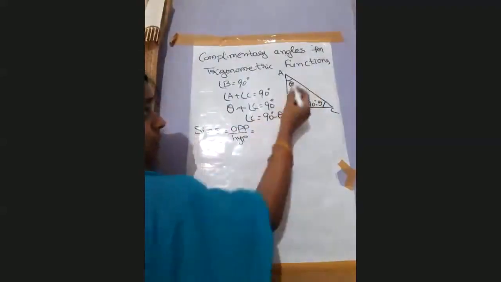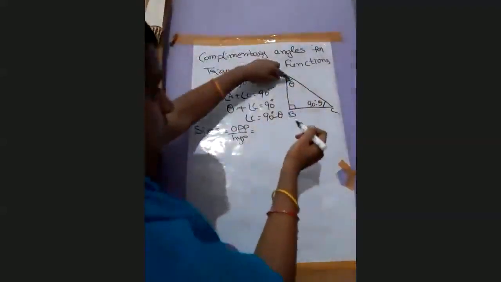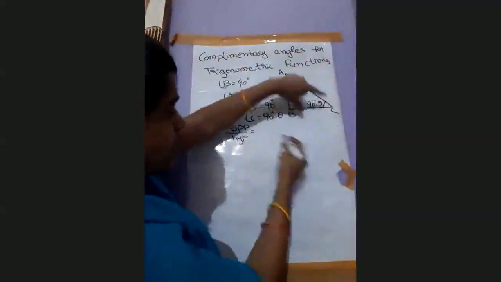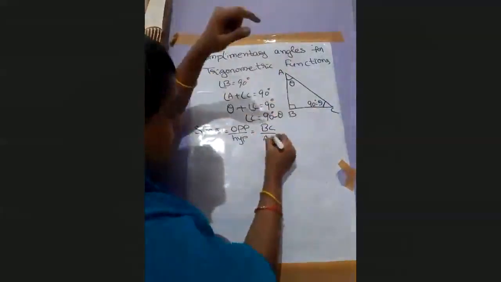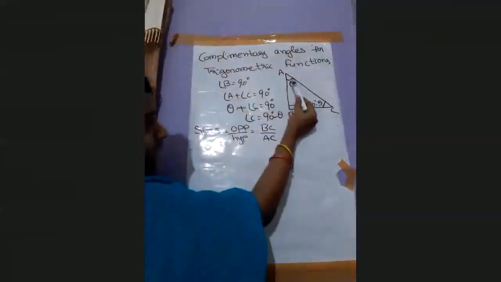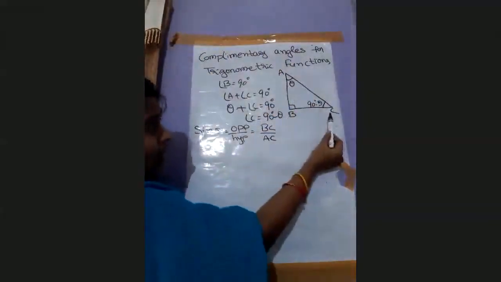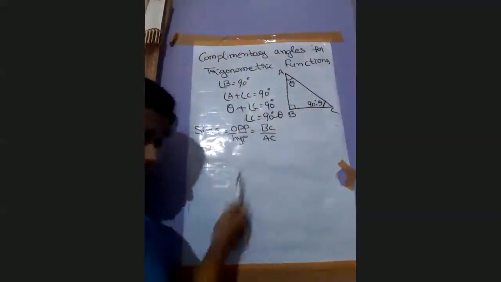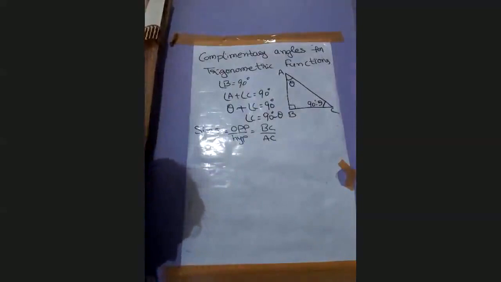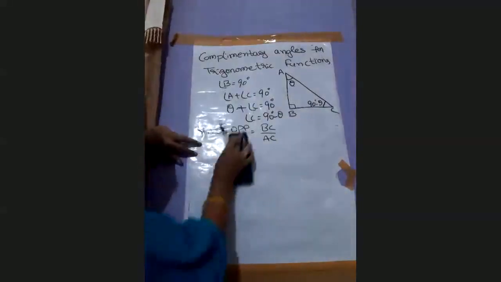Right? So what is the formula here? For theta, the opposite side is BC, divided by AC, the hypotenuse. So sin theta is equal to BC by AC.